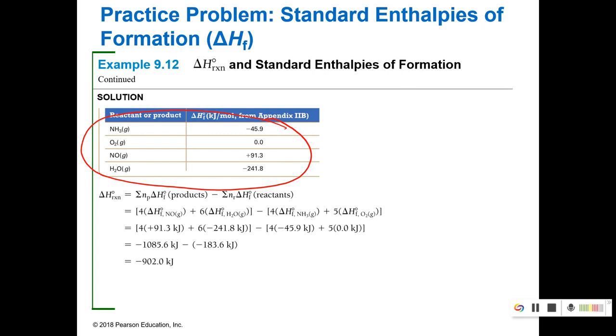We're going to do 4 times that NO because that was our first product, 6 times our water, and then our reactants are ammonia, 4 of them, and 5 oxygens. Remember, oxygen is 0, and that's because it is a free element. That's its standard form. This one happens to be exothermic. You do need to get used to telling me whether it is endothermic or exothermic based on that delta H value.